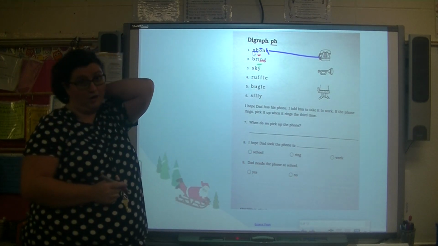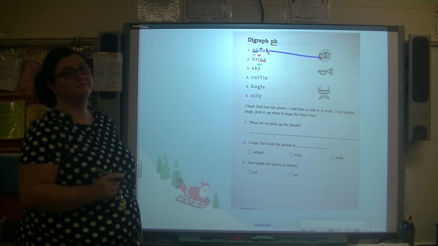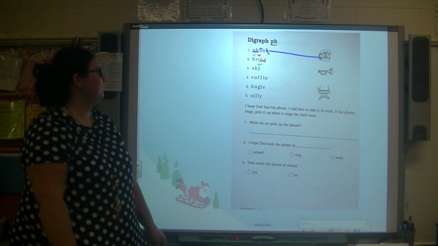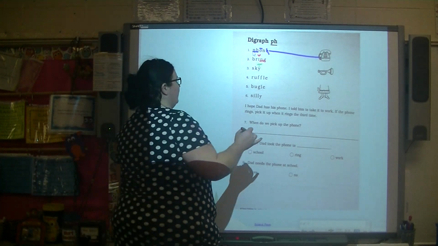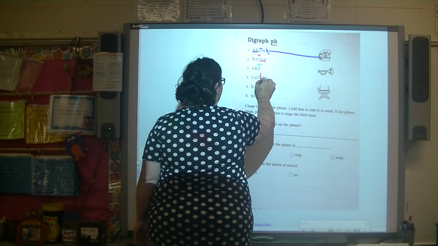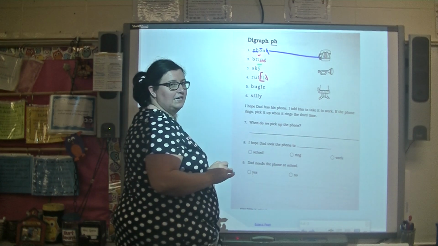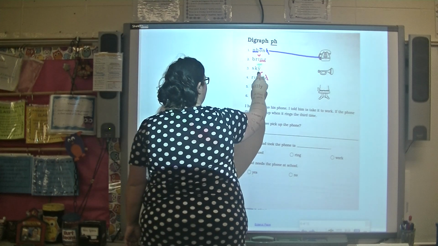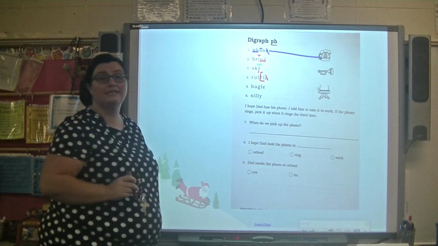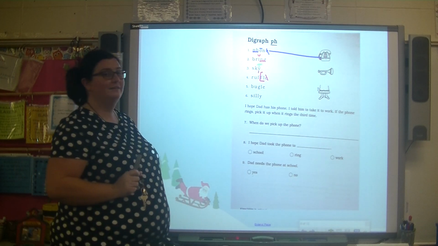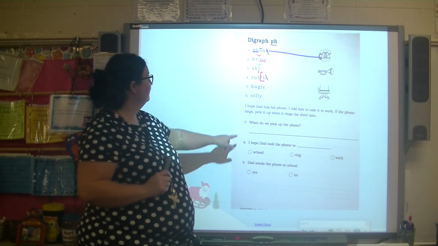Number 4. What do you see? Final stable syllable, FLE. Cross out your sneaky E. So our accent is on the first syllable. Okay.